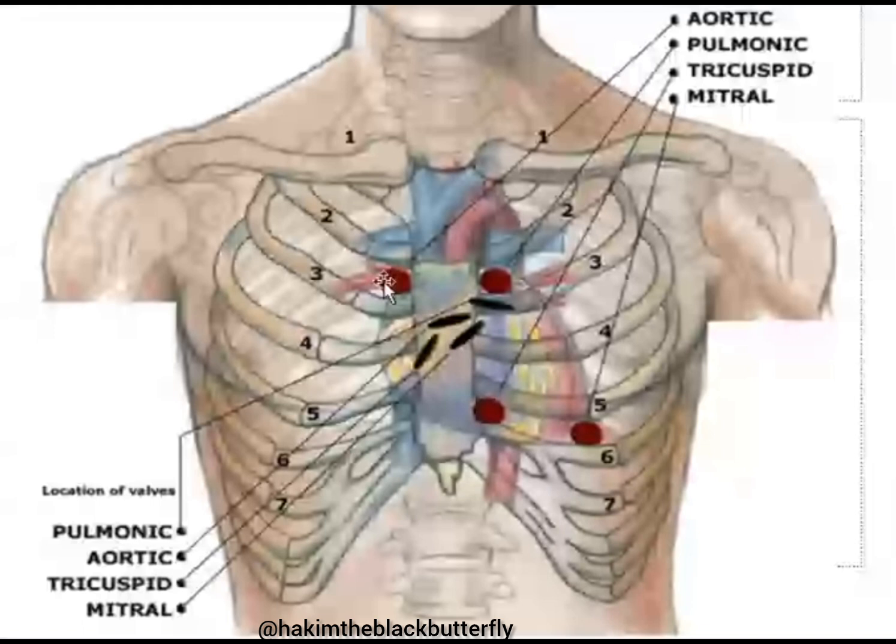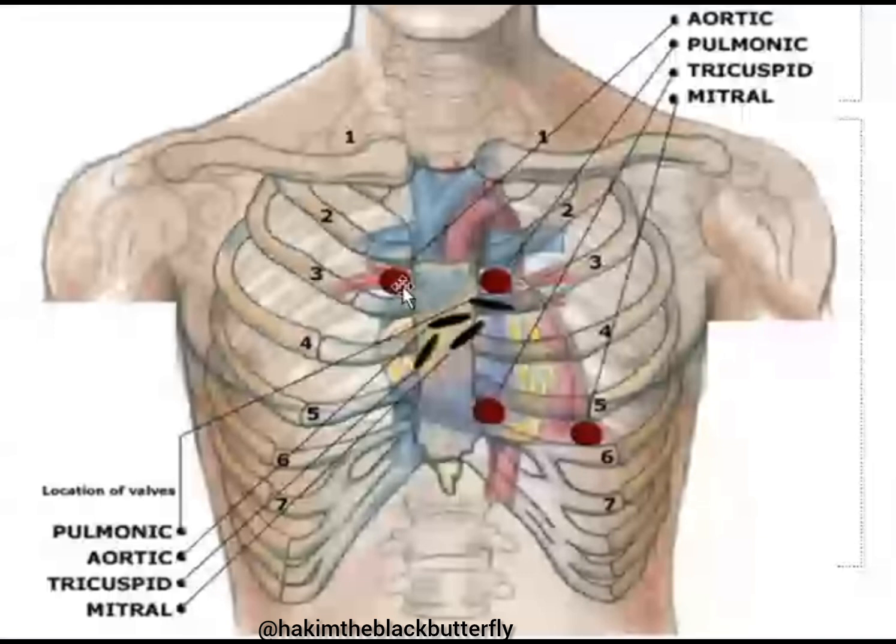So you can auscultate the sounds of the aortic valve in the second right intercostal space adjacent to the sternum. This intercostal space, as I said, has no hard tissue, so obstruction of sound is not maximum. You can easily auscultate it.